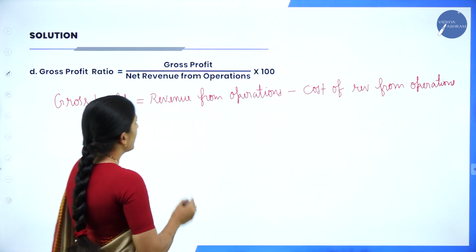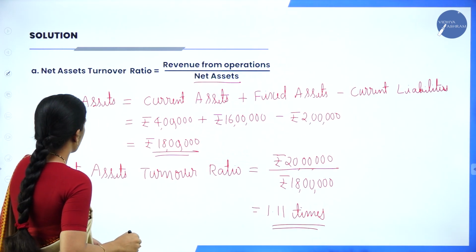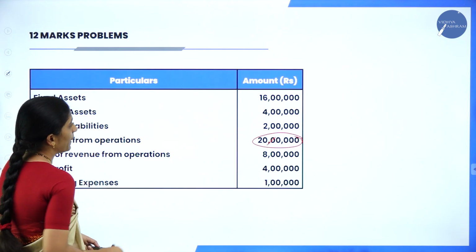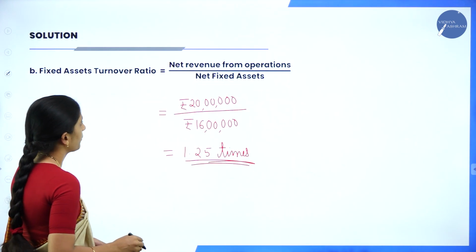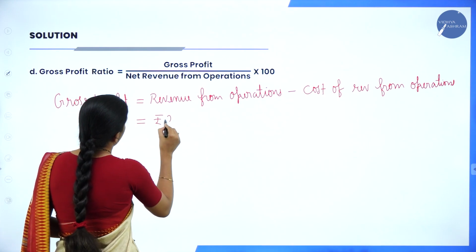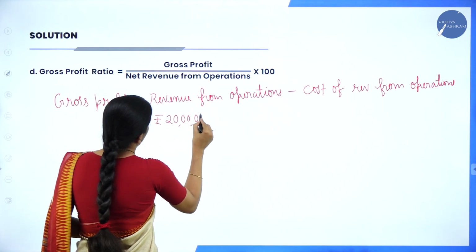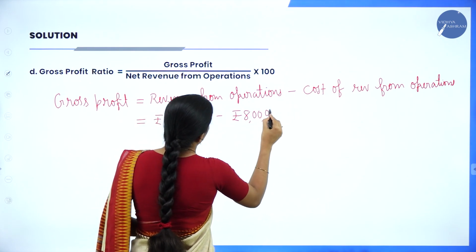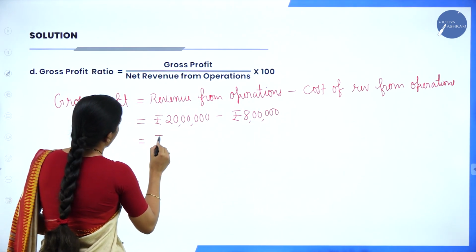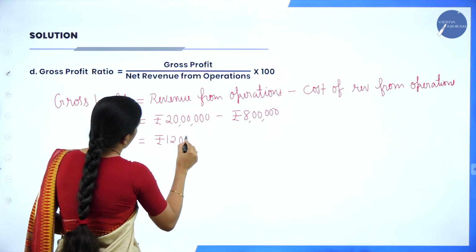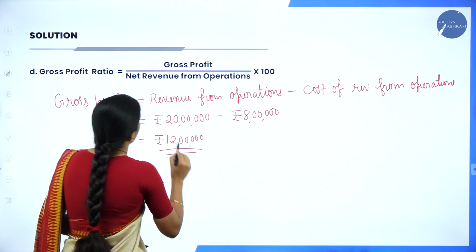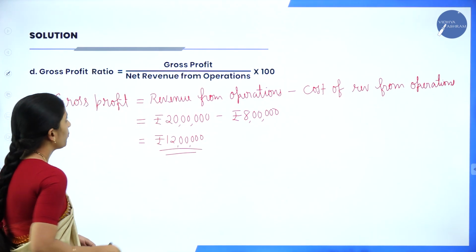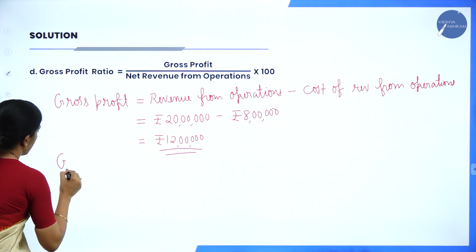So revenue from operations is 20 lakh minus 8 lakh. That is equal to rupees 20 lakh minus rupees 8 lakh. So this will be rupees 12 lakh. Now we got gross profit. Now we can apply the formula.